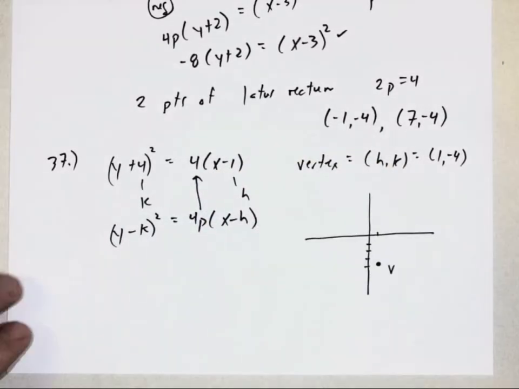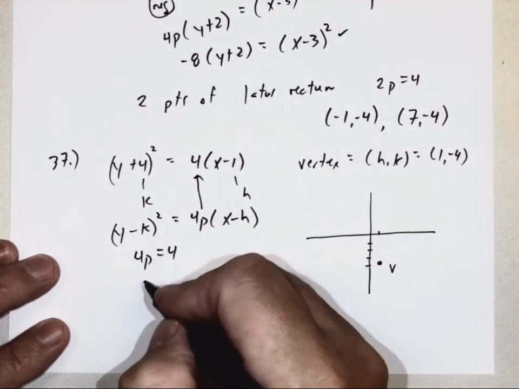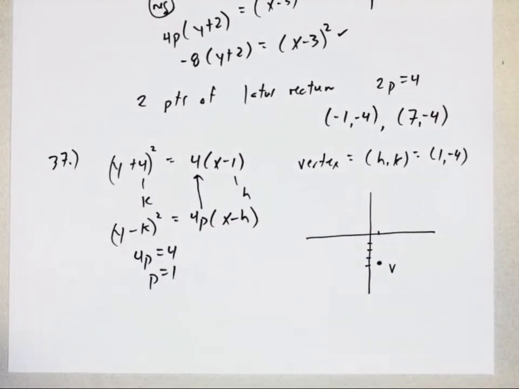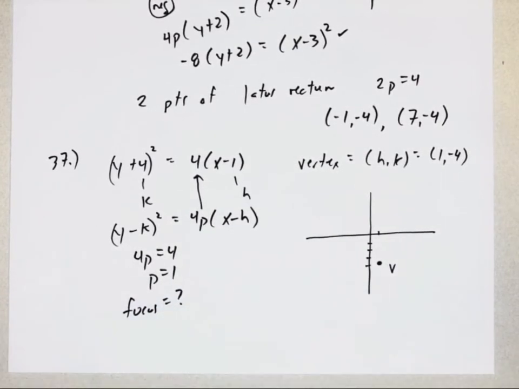So therefore 4p must equal 4. p must be 1. And p is important because p tells us how far we go to find the focus, which is what they're asking us. They want to know the focus. That's the second part. Where's the focus?